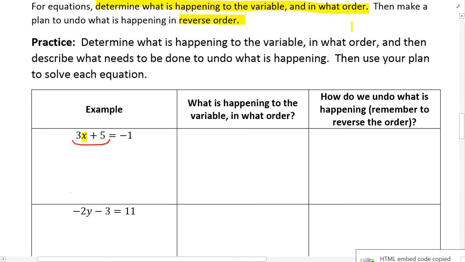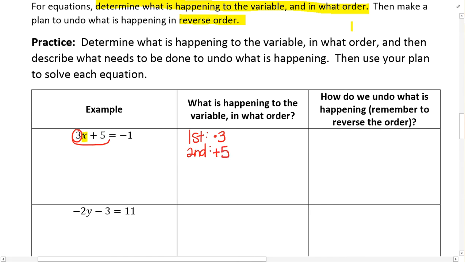So by order of operations, the first thing that's happening to that x is we are multiplying by 3. That's this thing right here. Multiplying comes first before addition. But that is the second thing that we're going to do. So the second thing that's happening to this variable is after it gets multiplied by 3, we're adding 5.